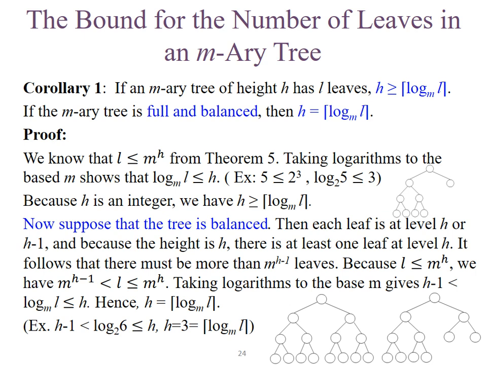Okay, so we can write L larger than n to the power of h minus 1 and smaller or equal to n to the power of h. Once we have this inequality, then we can take the log of this equation.